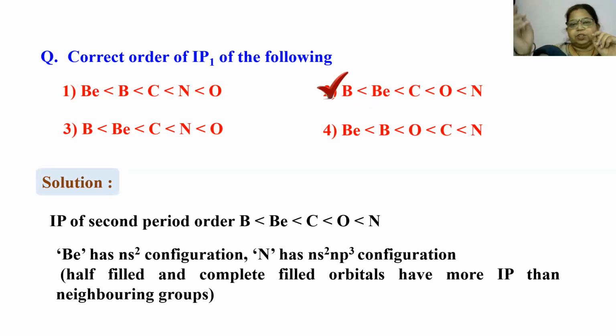See, the trick is nitrogen has to be always more than oxygen, and beryllium has to be more than boron, with the exceptions, right?